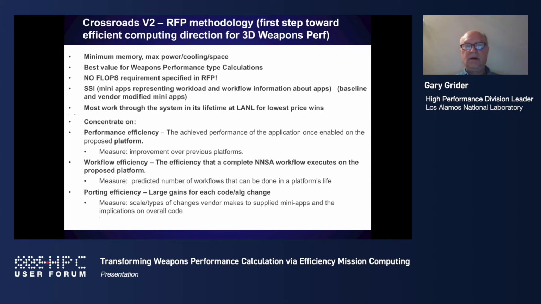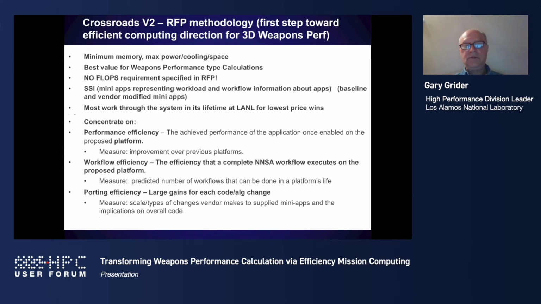So that's the methodology that we use, and we're concentrating on three areas of efficiency with this machine: performance efficiency, so achieve performance on the applications, not peak performance or anything like that; measured improvement over previous platforms; workflow efficiency, which is trying to get work through the system, so that includes storage and networking and other kinds of things; and then porting efficiency.